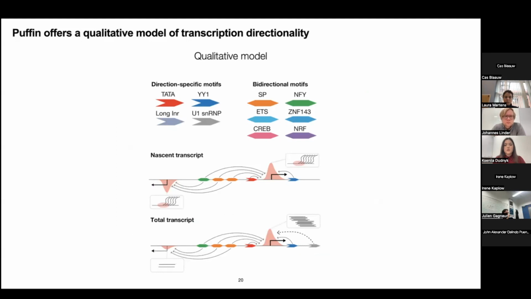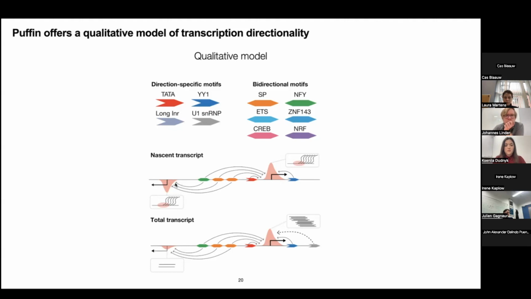So one of the questions is, can we use Puffin to explain the strand specificity of the promoter? When we look at the transcription initiation signal, at a promoter we see the forward signal on the forward strand, but almost always we also see signal on the reverse strand near the promoter.